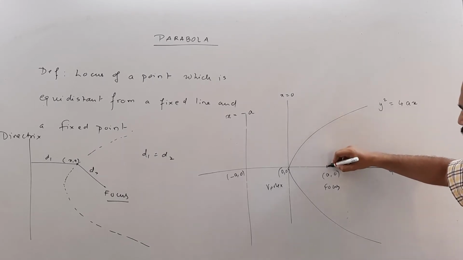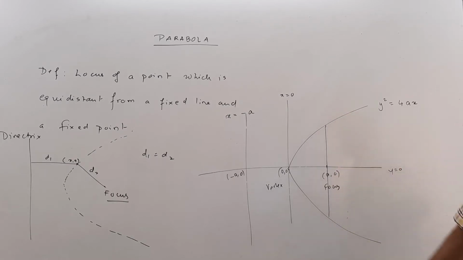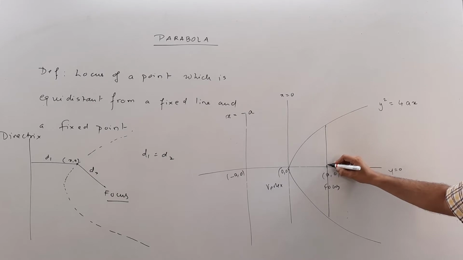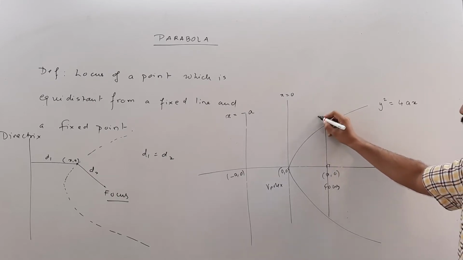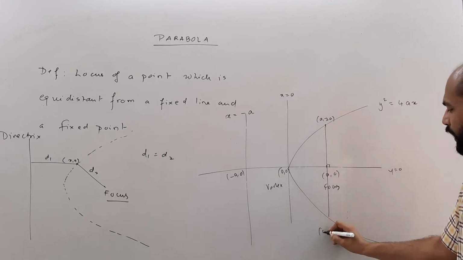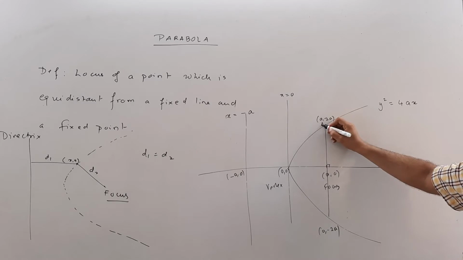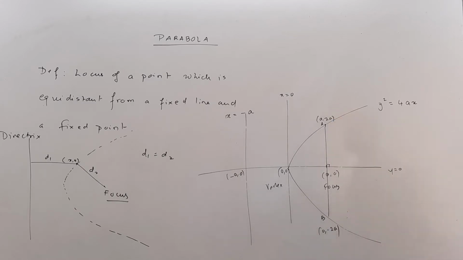Also, if I continue to join these points, if I go perpendicular and join these points, then this point is (a, 2a) and this point is (a, -2a). So the overall length of this line segment AB is 4a.